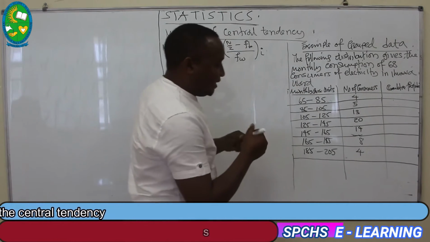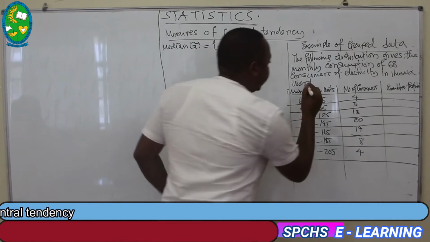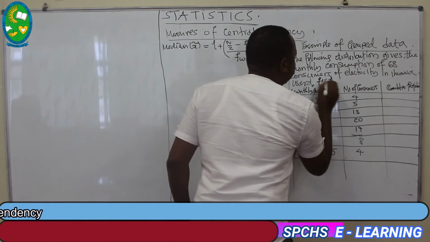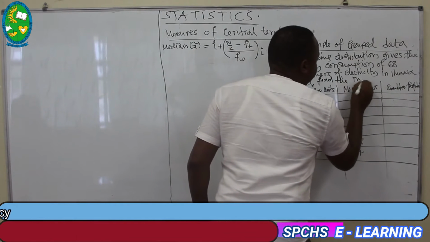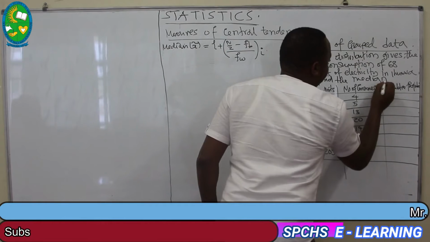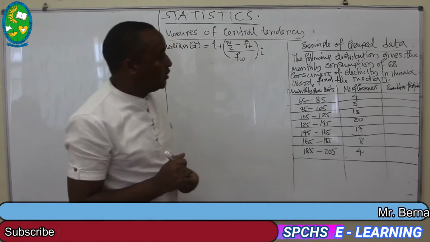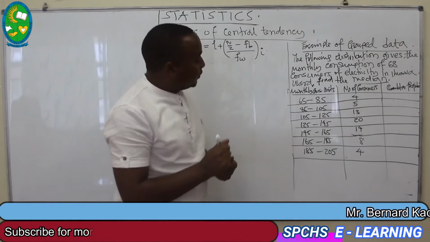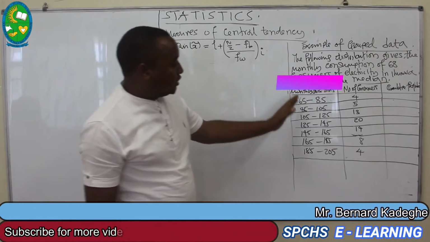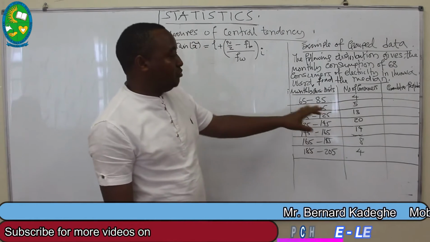So the question says, find the median of the given table below. This is the frequency distribution table.